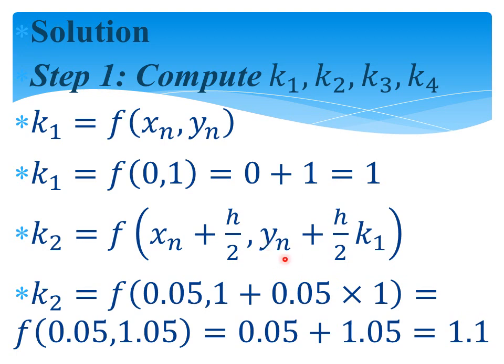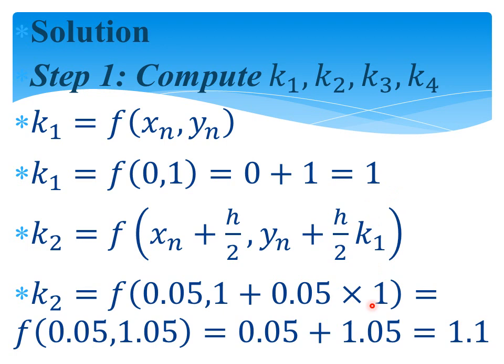The value of y naught given is 1, and a plus sign is given, so you write the same plus sign. h upon 2, where h is 0.1 divided by 2, gives 0.05. Then k1, which we found before. What is k1? k1 equals 1, so we put these values in.